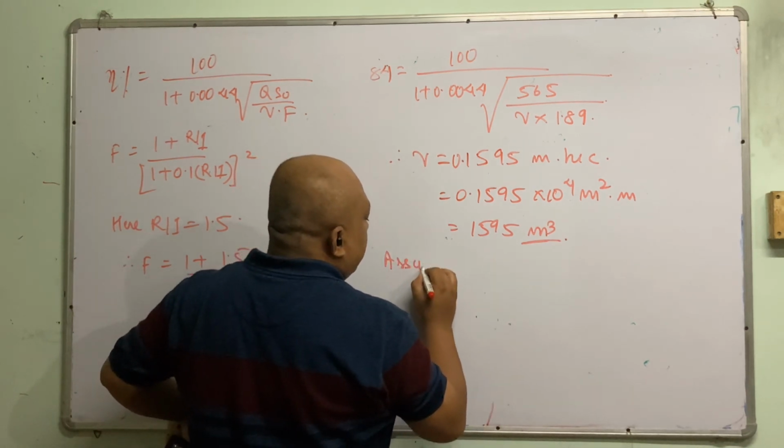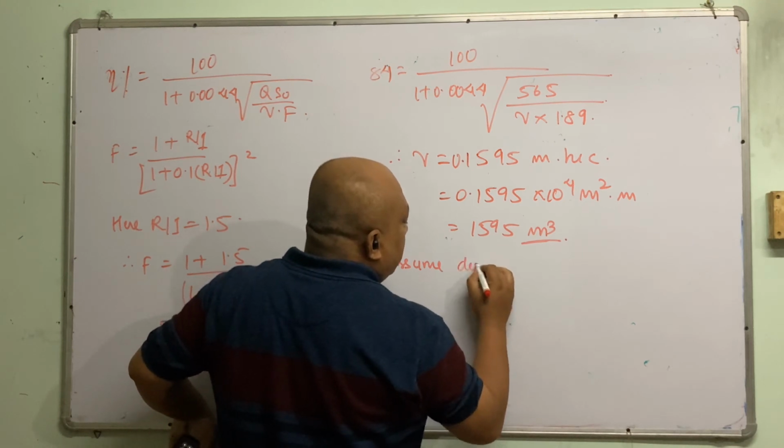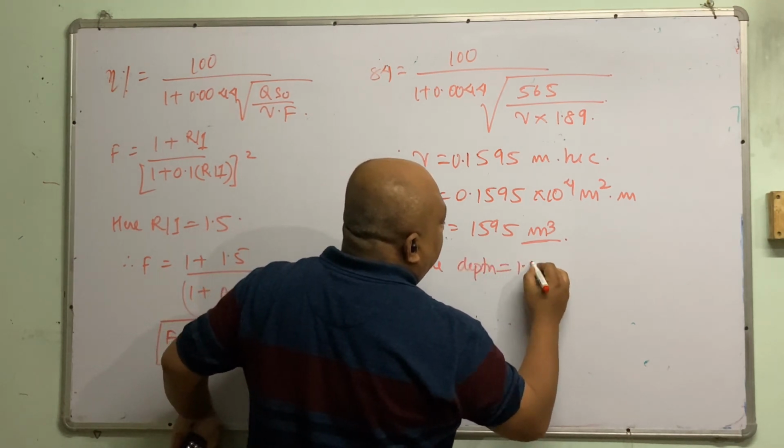Assume depth is the same, 1.5. Therefore, area is equal to 1063 meter square.